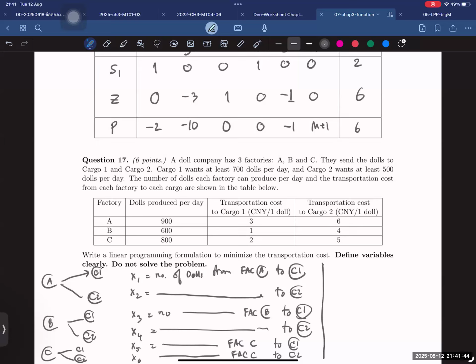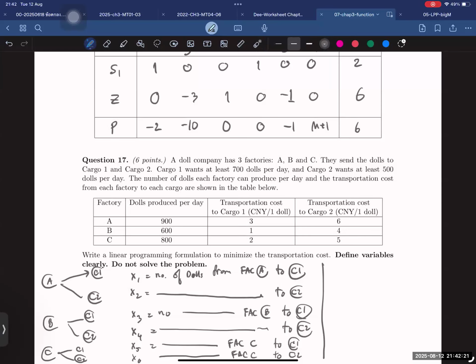Okay, transportation cost. Write the transportation cost. Which one? This, right? Cargo C1 and C2, to minimize the transportation cost. Okay, 3 yuan per doll.